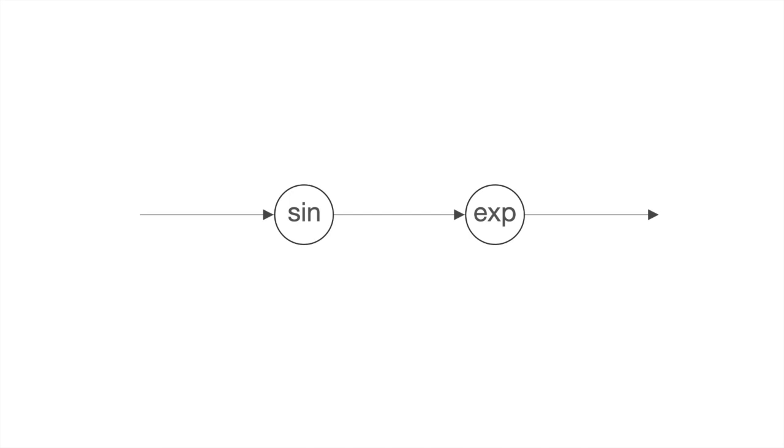Let's revisit the previous examples. Here we have our sine going into exp. Let's arbitrarily pick an input value of 2. The sine of 2 is about 0.91. That passes into the exp. The exp of 0.91 is about 2.48.